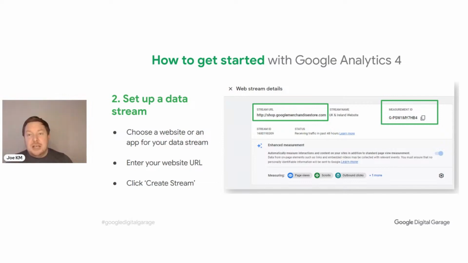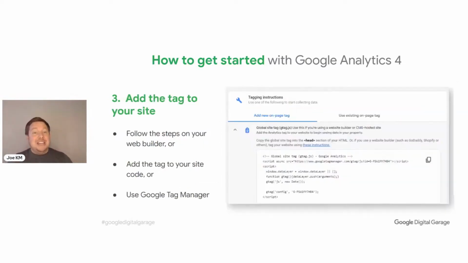This will then give you a nice little ID tag and a bit of code, and you add this into your page. It loosely tells you what to do here. If you're not sure, just Google what your website type is. So Shopify, WordPress, Squarespace, whatever it is. How do I add an Analytics 4 tag into my WordPress site?